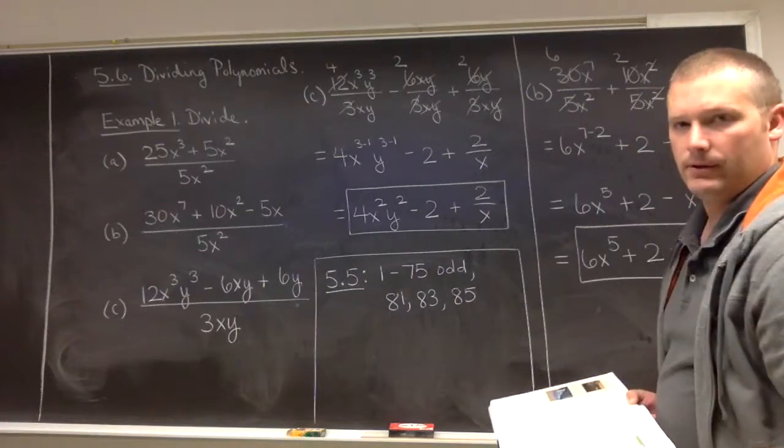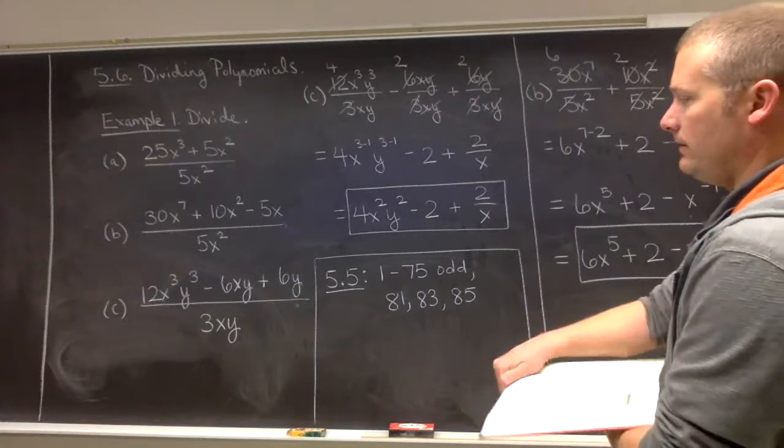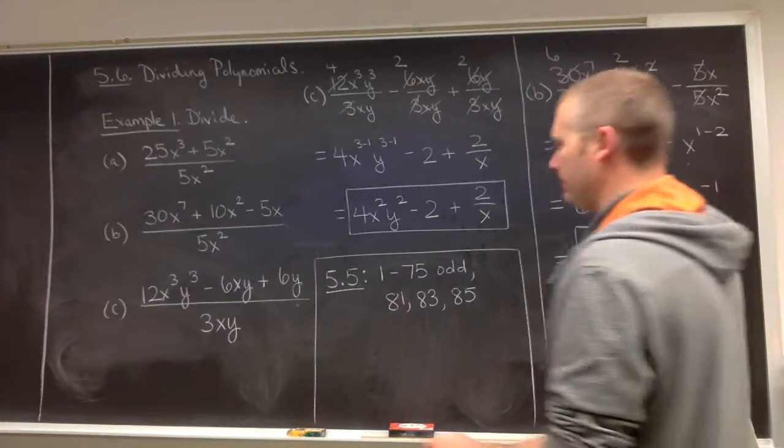So for 5.5, the assignment is 1 to 75 odd, 81, 83, and 85 also.